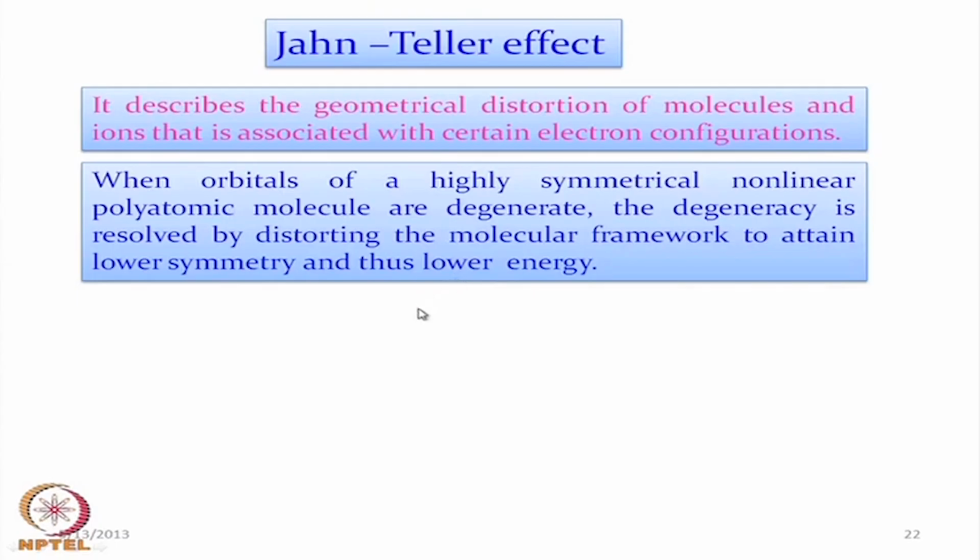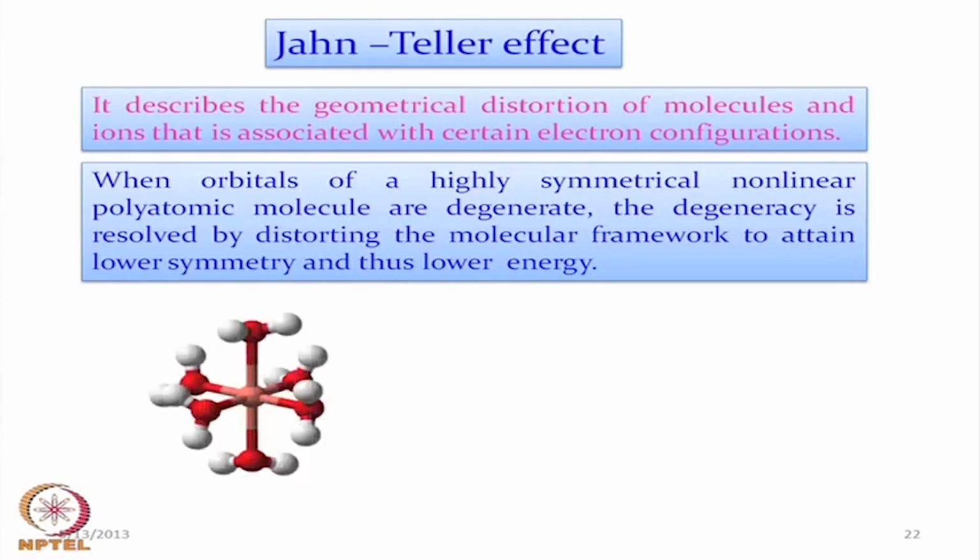So if we have a splitting, we would be able to generate some levels which will be lower in energy compared to the others. That means at the expense of some level we get a lower energy situation and a higher energy situation, and since the electronic configuration will dictate it, it will go for one particular level compared to the other.